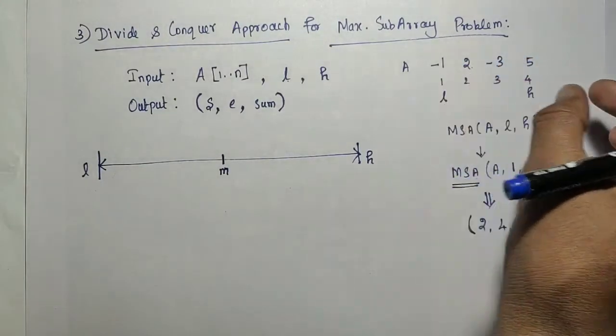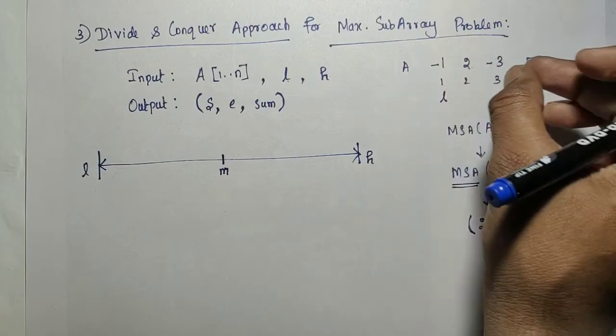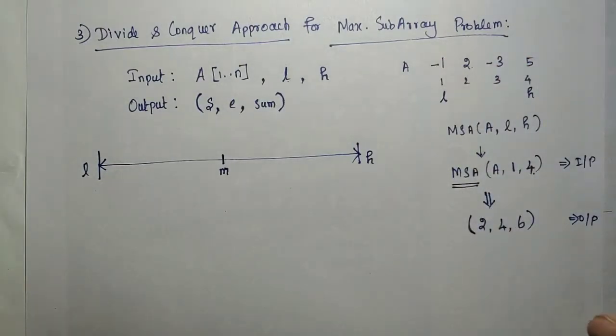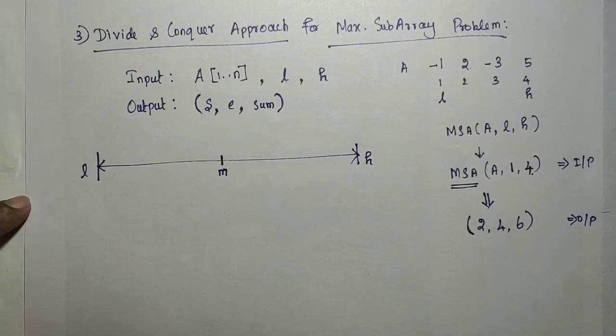If the number of elements is 5, then the third element will be the middle element. So you find that middle.